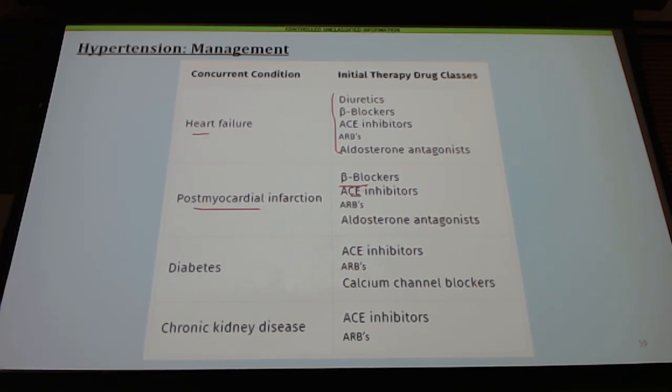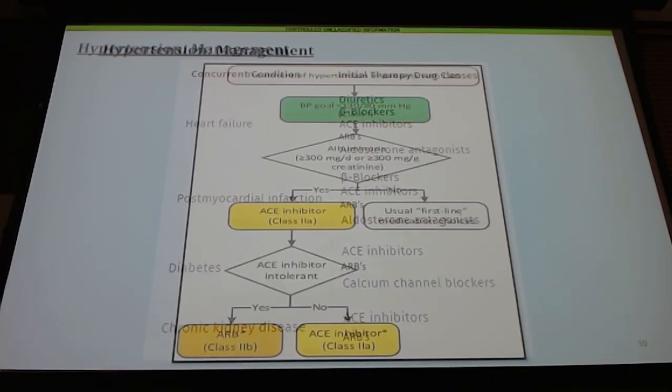We'll talk about why that's a good thing to have them on those agents after they've had a heart attack. And then we talked about how our patients with chronic kidney disease or diabetics, because they're at risk of developing this, why ACEs and ARBs are our recommended primary agents to treat that.